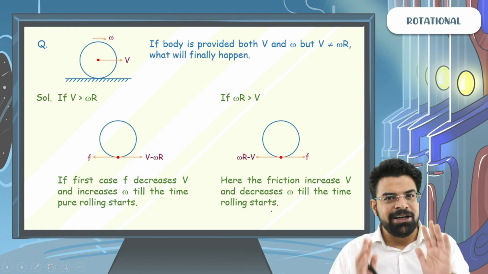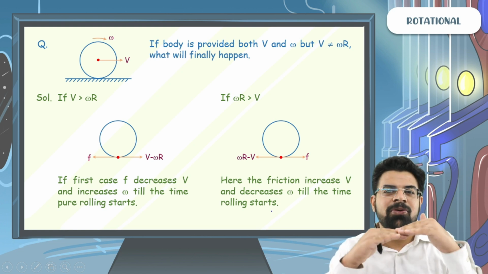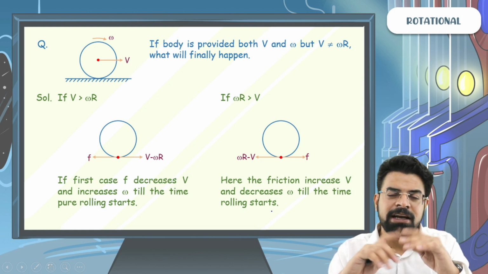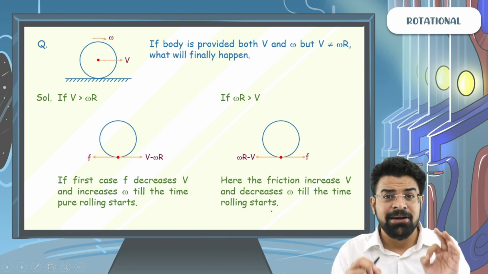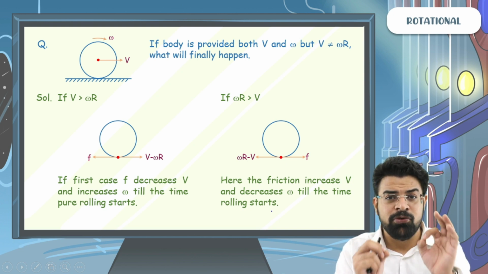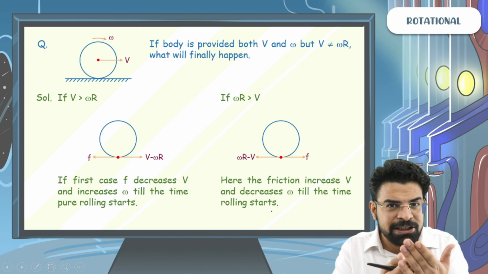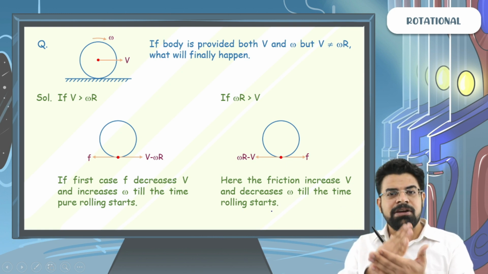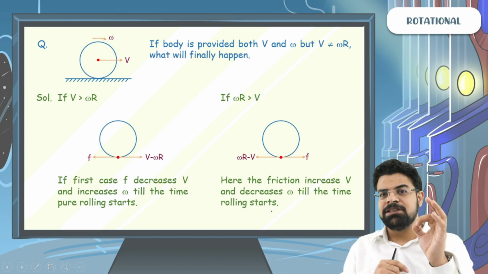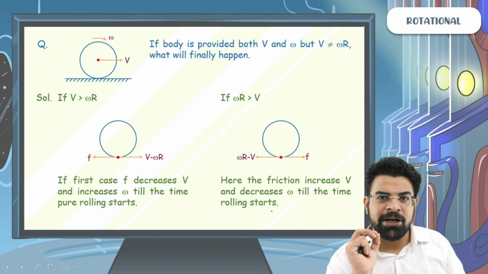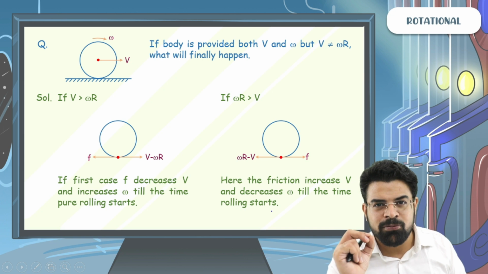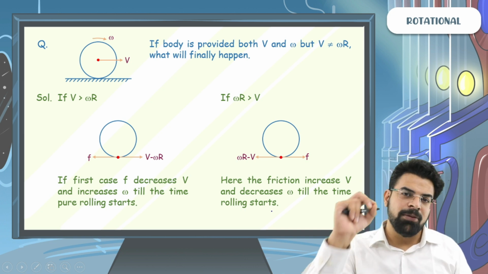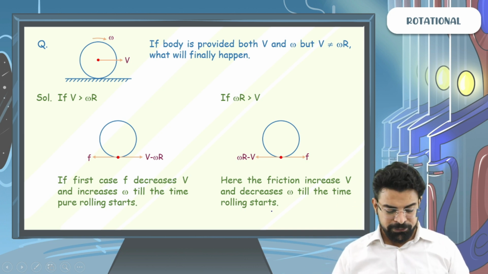So the ultimate destiny is that there will be no relative motion at the point of contact, and friction will keep on acting till the time there is some relative motion at the point of contact, because friction opposes relative motion. So the ultimate destiny is that there will be no relative motion between the surfaces at the point of contact. Okay, moving on.